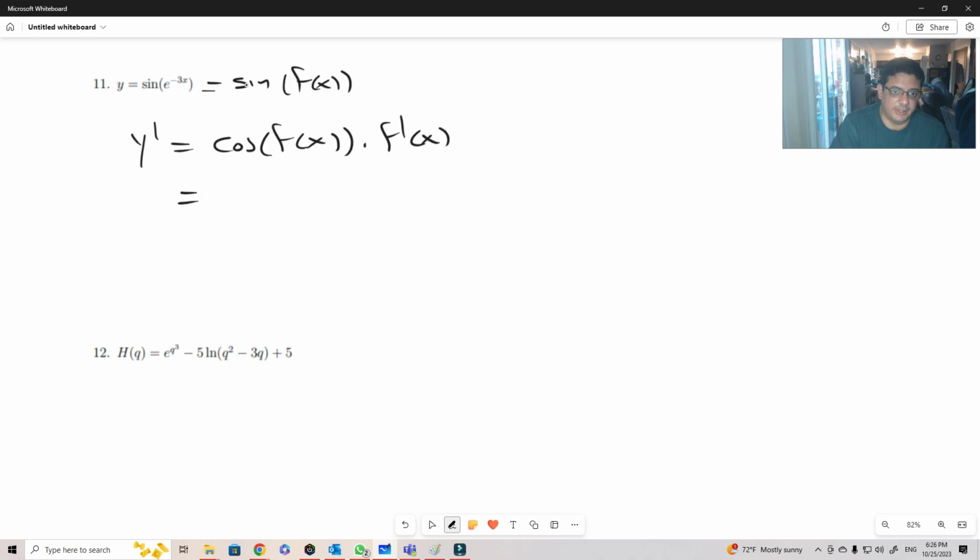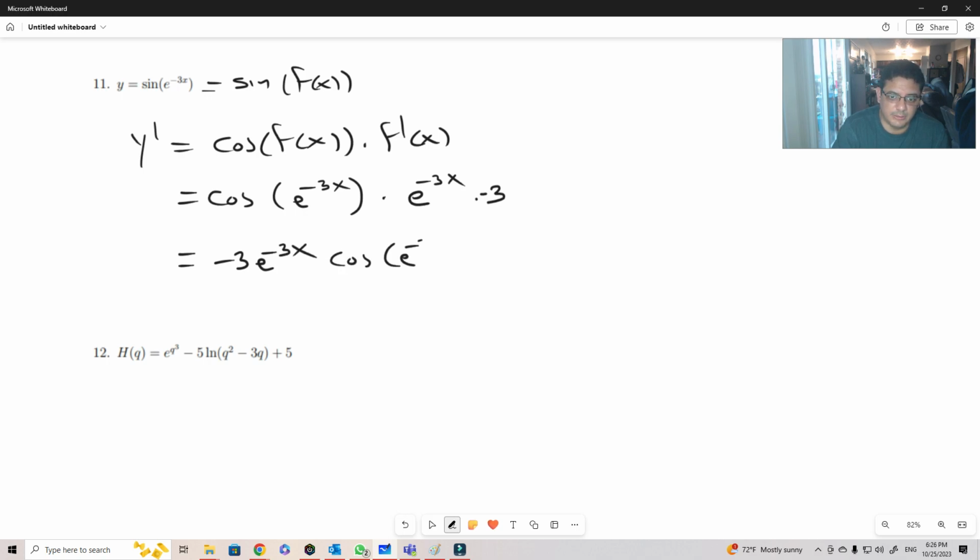In this scenario, we get back to what f of x is, which is e to the minus 3x, and then f prime is going to be the derivative of e to the minus 3x, so e to the minus 3x times 3 times minus 3. Okay, so simplifying, this is minus 3 e to the minus 3x cosine of e to the minus 3x.